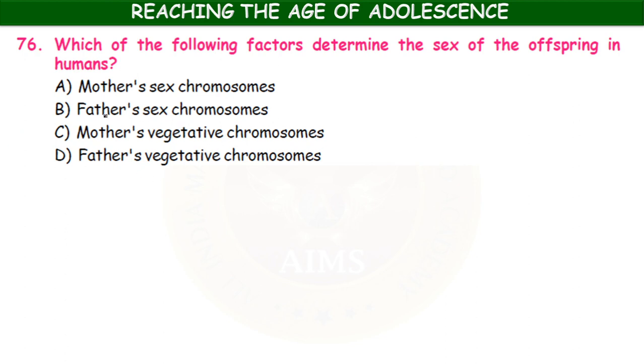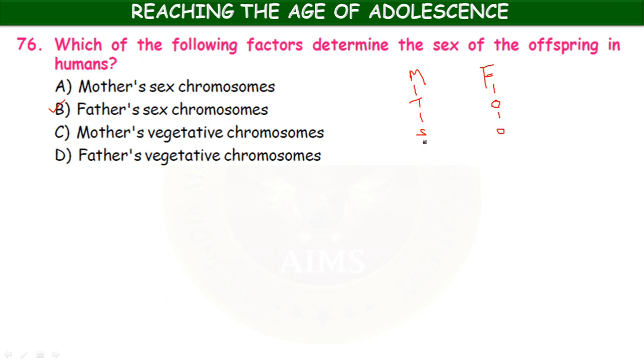That is the father's sex chromosome. Okay, so here male, female. What is the male reproductive organ? Testis. What is the female reproductive organ? Ovary. The testis produces spermatozoa and the ovary produces ova.